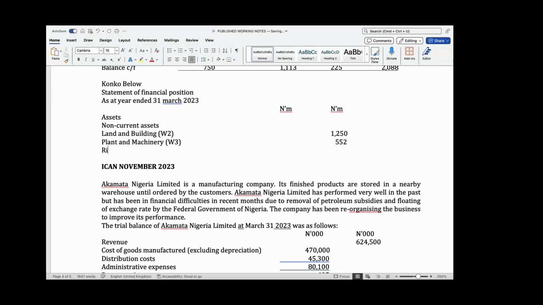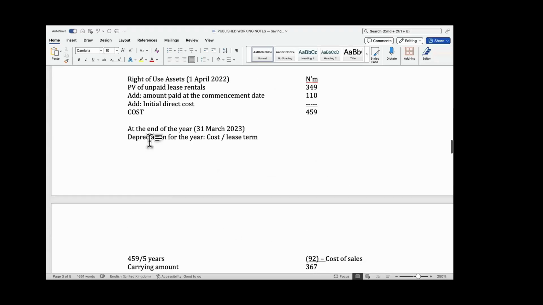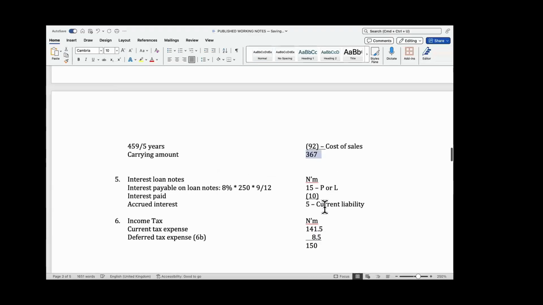Then my right of use assets from workings 4 is 367.